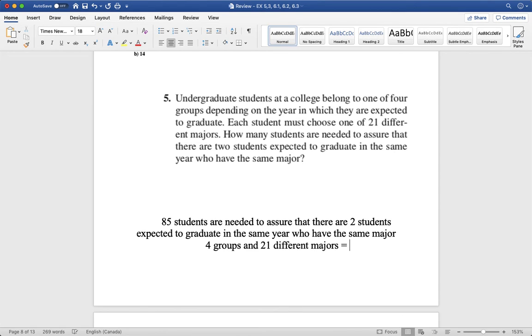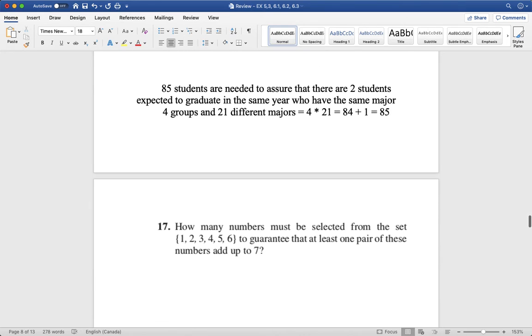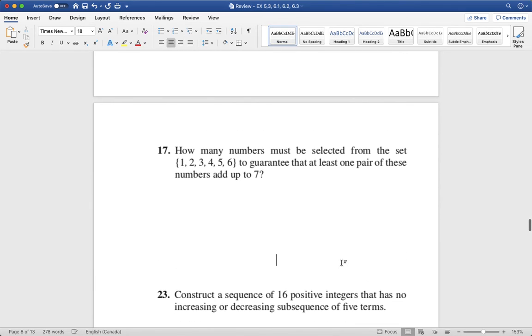So if we say 4 multiplied by 21, this equals 84. This basically means that there could be one person expected to graduate in each year with each major, but we want to make sure there are 2 students, so therefore we add 1 to it, so it becomes 85. Right, let's move on to the next question.